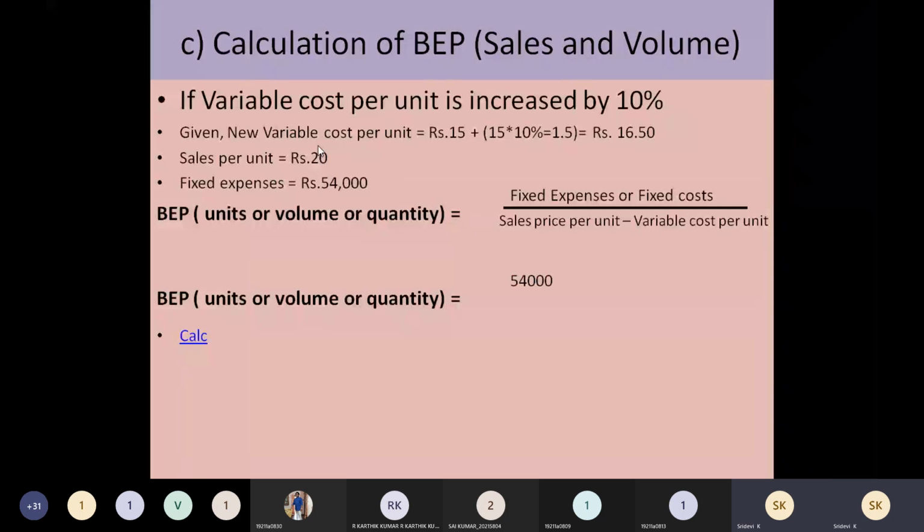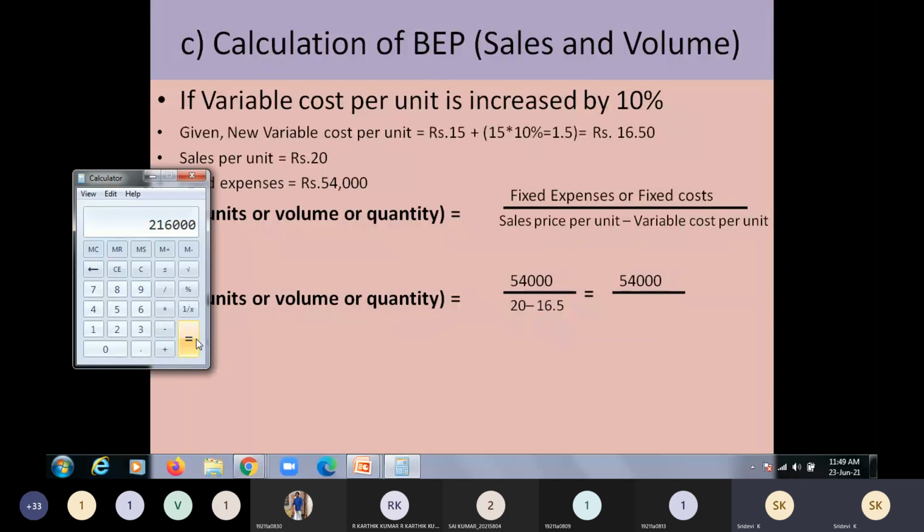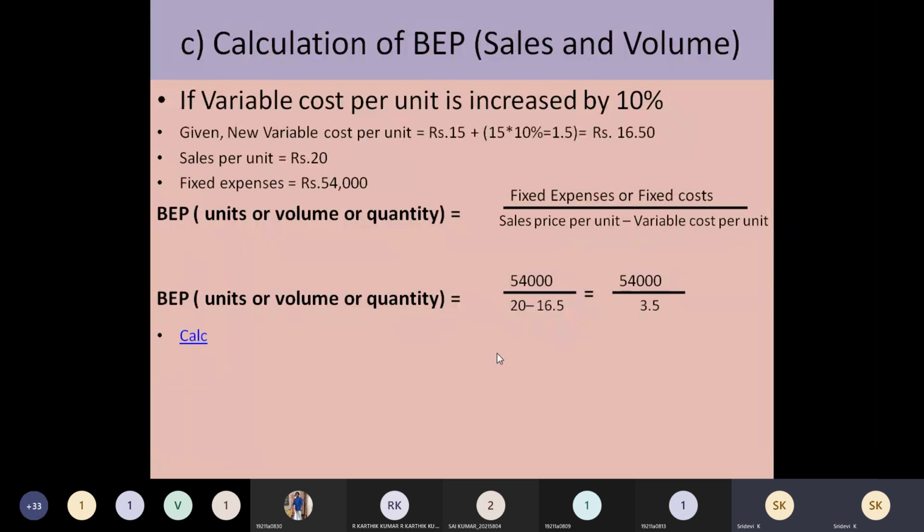So 54,000 fixed expenses divided by 20 rupees minus 16.5 rupees. 20 rupees minus 16.5 will give you 3.5 rupees left over, right?